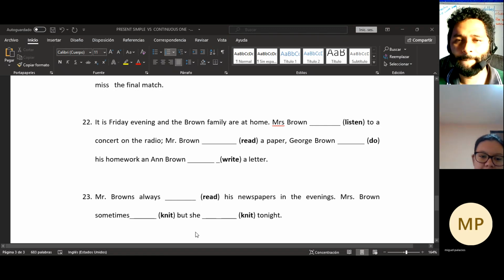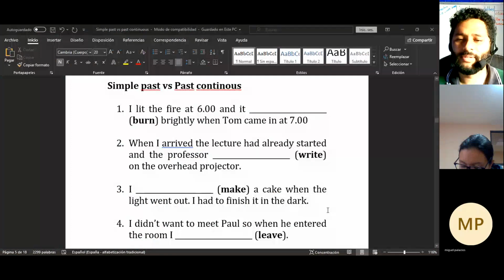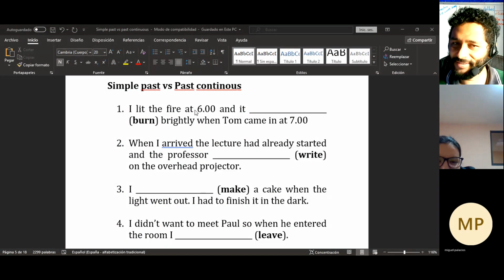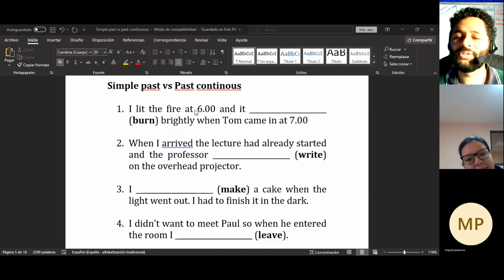Aquí comparte, es para compartir contenido. Okay, so do you see my screen? Yes. All right, so in this case, you need to choose whether to use the verb in simple past, I mean did, or in past continuous, which is was and were with the ing form, right?